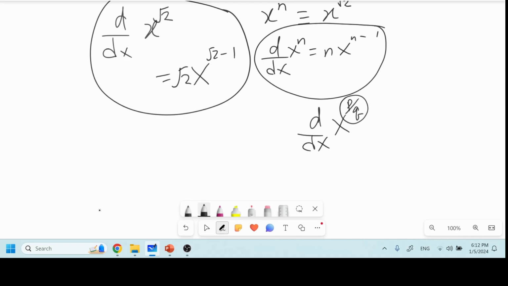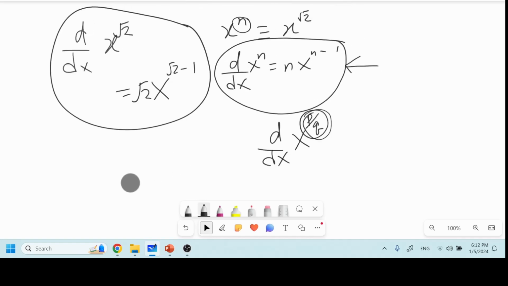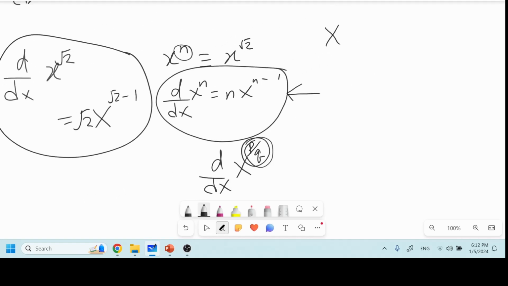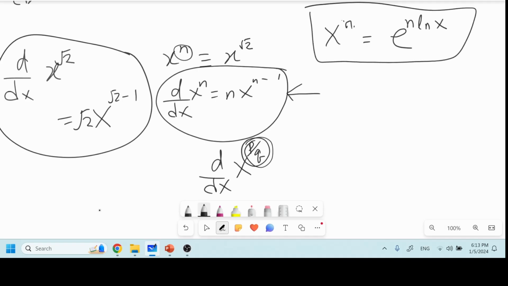So the fact that you can apply this rule to a power in x that is irrational is made possible only due to the definition of the generalized power function based on the exponential function and the logarithmic function. So that explains the importance of the exponential function and the logarithmic function. It allows you to generalize the differentiation rule to an index or power which is irrational.